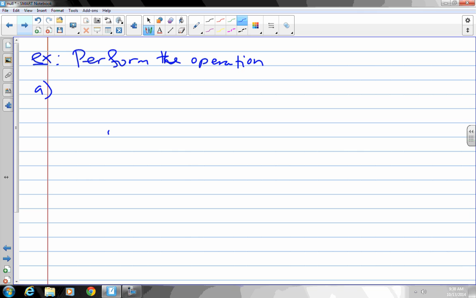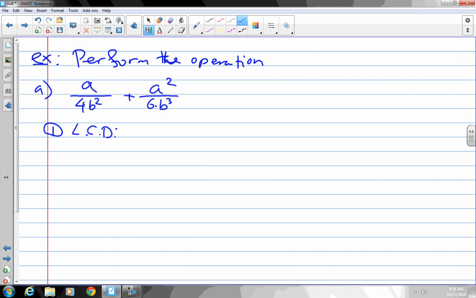So what I have here is a over 4b squared plus a squared over 6b cubed. So when your denominators look like that, everything is factored. So you have to really break it down into two parts.